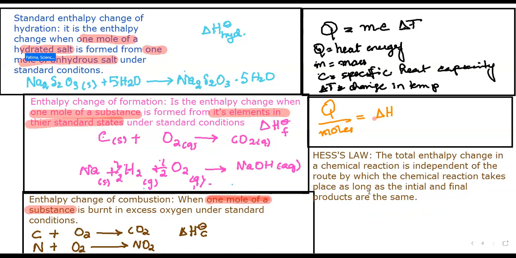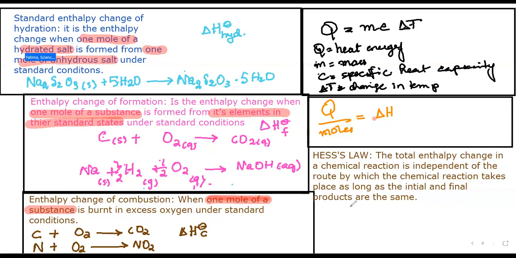Let's take the same reaction that we discussed previously. I told you guys the problem with enthalpy change of hydration is what? That you don't know the exact amount of water you need to add to turn it from an anhydrous salt to a hydrated salt. So it's really hard to calculate the exact enthalpy change.